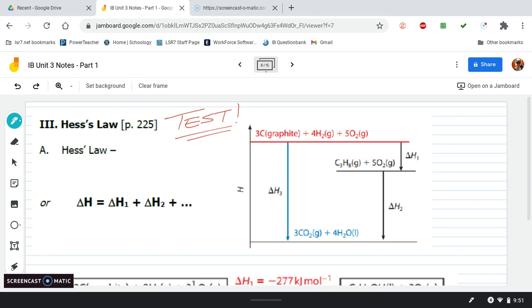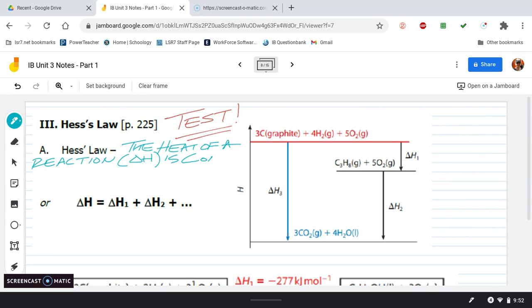What we want to say here is that the heat, remember we're talking about energy here, of a reaction, and that would normally be a delta H, so you might want to put that in parentheses like this, delta H. The heat of a reaction is constant, meaning that it's not going to change.